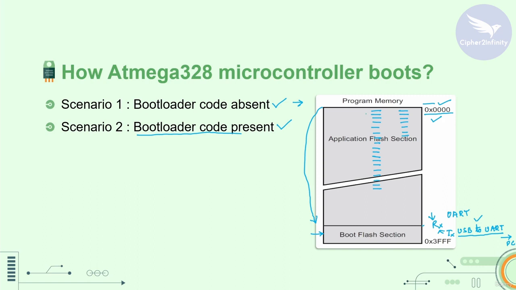So this is how the controller boots when the bootloader code is present inside the microcontroller. I hope you now have crystal clarity about both the methods that we discussed.